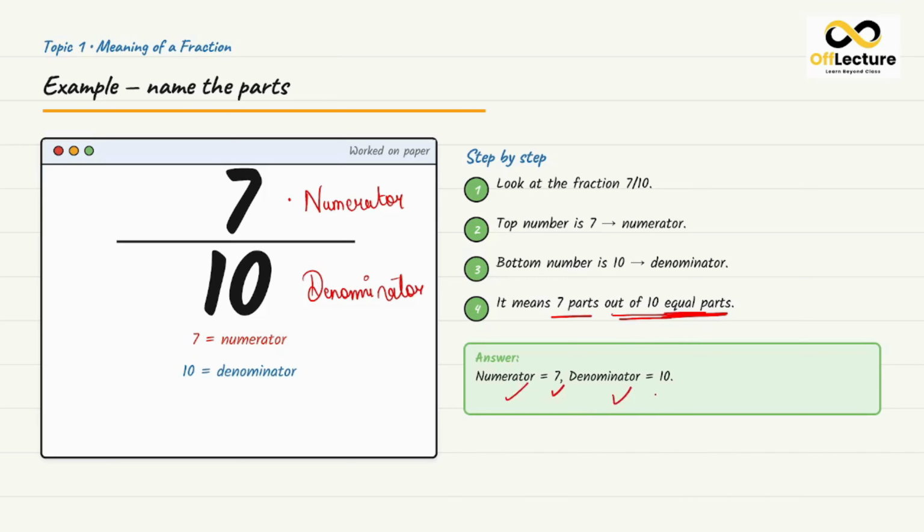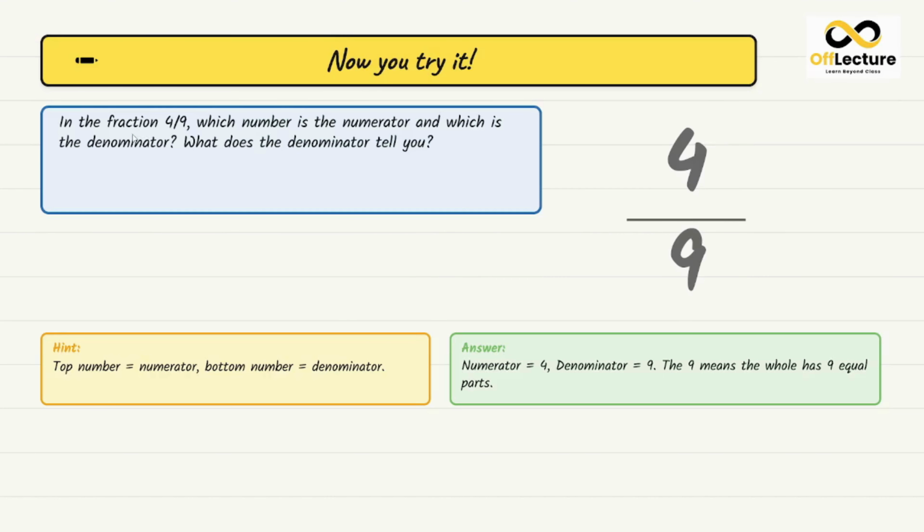Now you have to try it. Tell me, in the fraction 4 by 9, which number is numerator and which is denominator, and what does the denominator tell you?